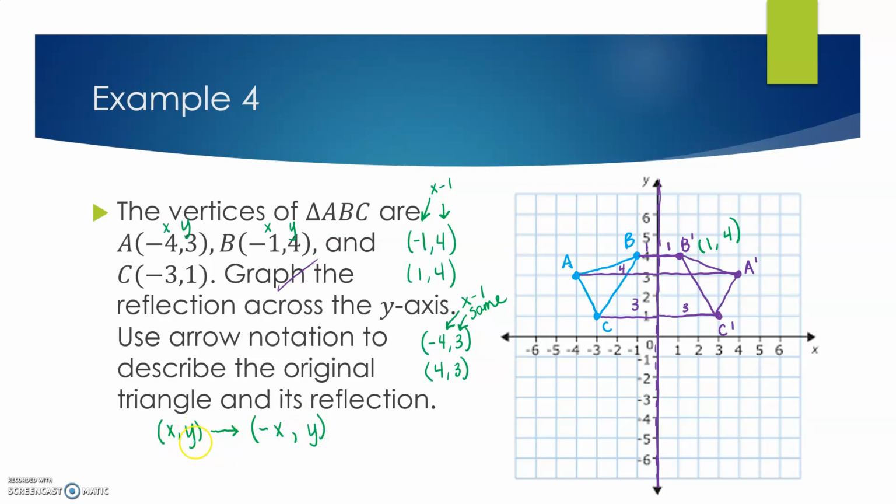The arrow notation is saying that when you apply this reflection, we take -1 times x, and we don't write the 1. Remember, we don't write 1x, we just write x. So negative x, comma, y. This would be our arrow notation.